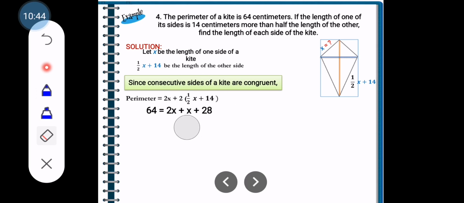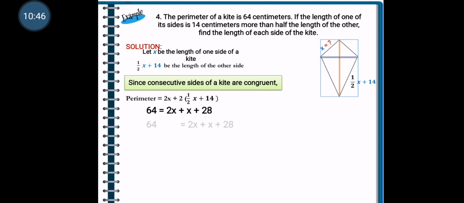So, now, combine like terms na tayo. Since si 2x and x are common terms, so 28 and 64 na lang. So, apply po natin ang subtraction property. So, dito tayo kay positive 28. Ang opposite po ni positive 28 is negative 28. So, both sides po. Minus natin by negative 28. So, cancel. So, 64 minus 28 is 36.